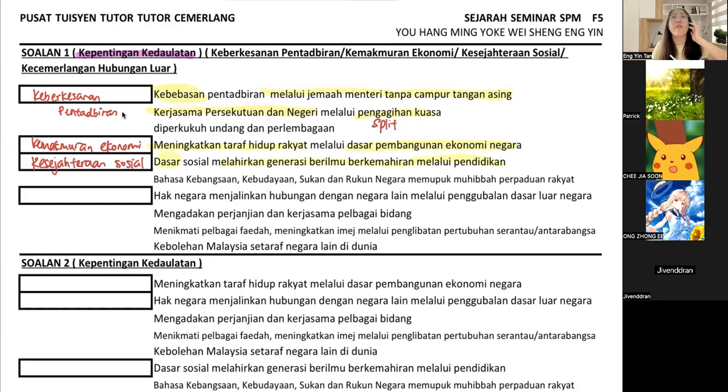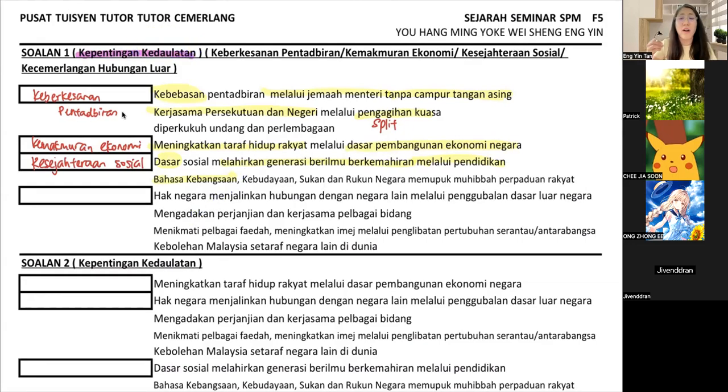If you remember your Form 4 chapter 7 or 8, we talk about the education report. You still remember the education report? Standardizing the education system, not the government, okay? You still remember we talk about the bahasa kebangsaan is bahasa Melayu. So you see, this is everything after we merdeka, where we have the power to make decision.